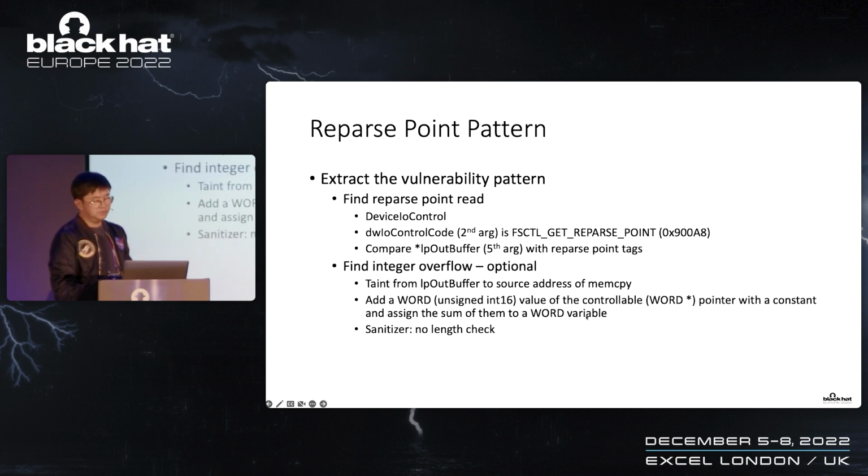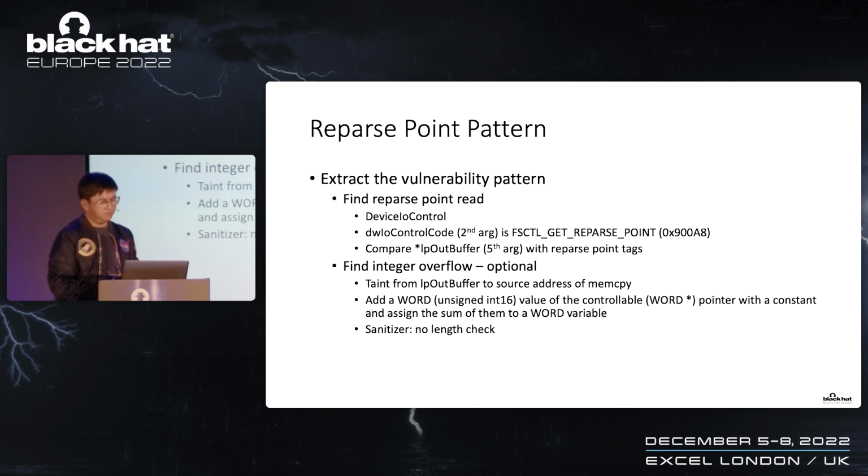Based on the vulnerability model, we extract the vulnerability pattern like this. You can see there are 2 steps. The first step is to find the reparse point read. To do that, we will search the DeviceIoControl function and check the second argument to see if it is FSCTL_GET_REPARSE_POINT, and we'll search for the code comparing the output buffer with the reparse point tags.